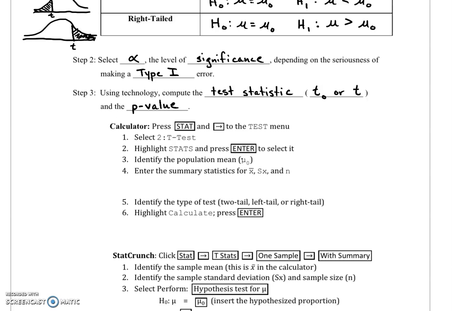Then we identify the population mean, enter the summary statistics, which is X bar. Remember, X bar is the sample mean. SX is the sample standard deviation. And N is our sample size.